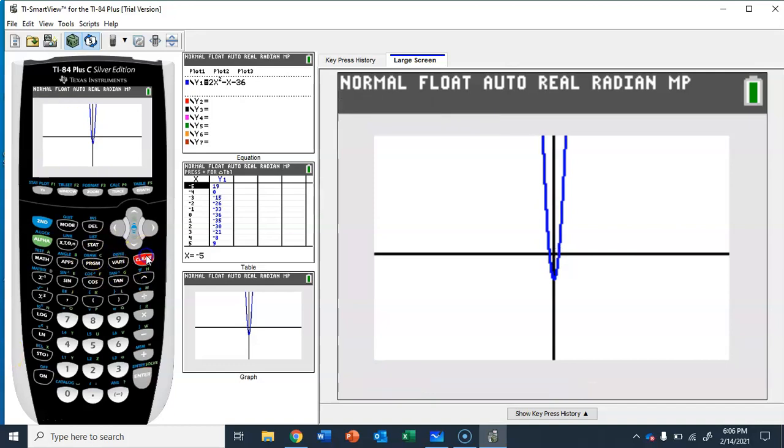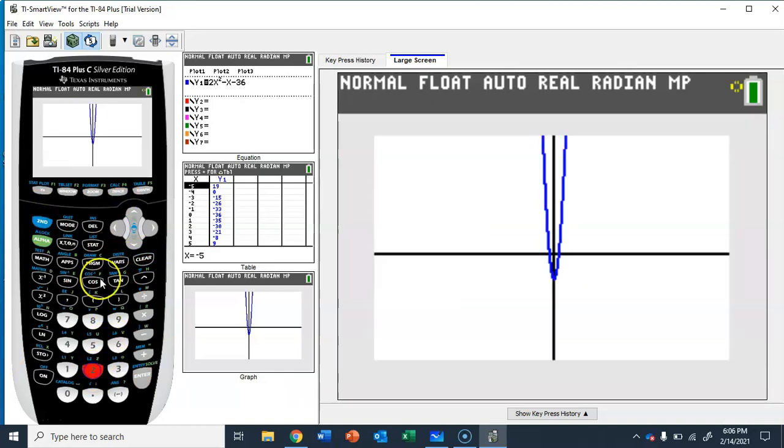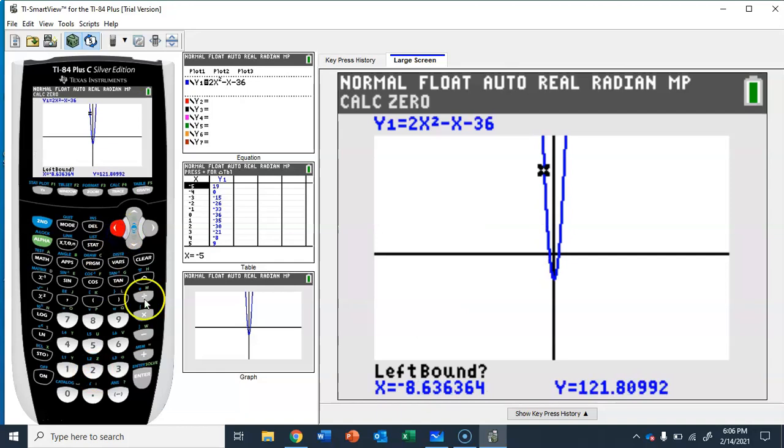All right, hit clear, do it again. Second trace, option 2, left bound, right bound on the parabola. My guess on this side, oops, I know I'm a little below it, but for negative 4 comma 0. So one is positive 4.5 comma 0, and this one on the other side is negative 4 comma 0, right?